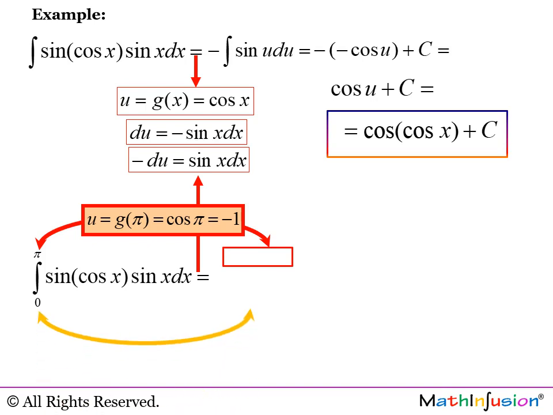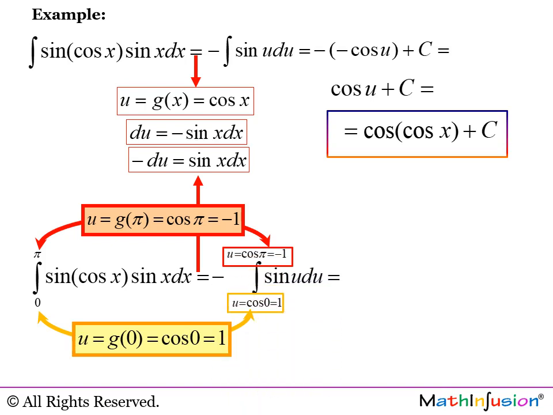When x equals 0, then the lower limit of the integration is g of 0, and cosine of 0 is 1. So my new integral is an integral of u, between 1 and negative 1 of sine u du, and don't forget the minus.